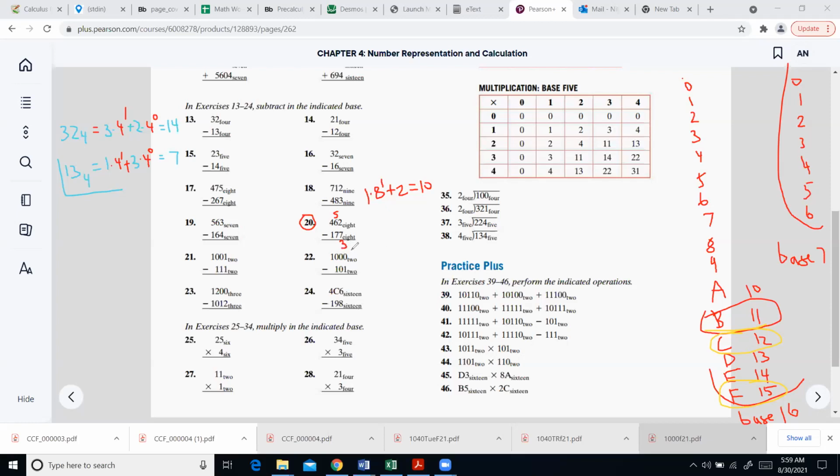And continue the same process. So now I need to subtract 5 and 7, and 5 is not large enough, so I go ahead and borrow another from up here. So basically I borrow another 8. So what I do is I have 8 and 5 together, which is 13.